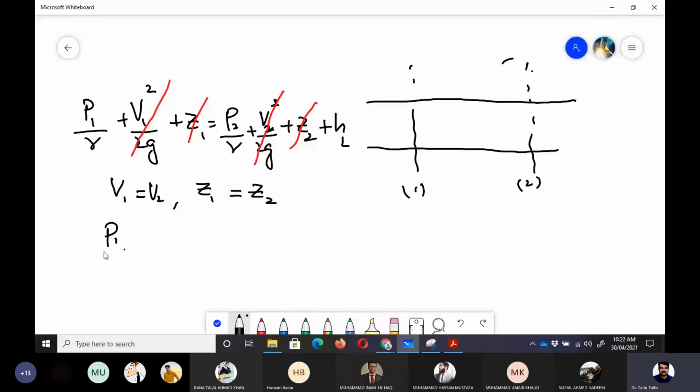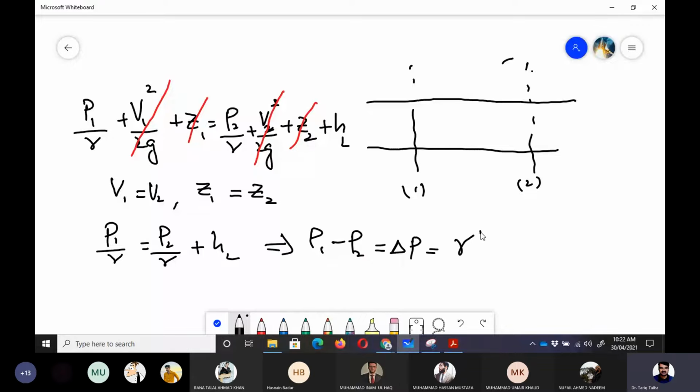So we can write P1 upon gamma is equal to P2 upon gamma plus HL. So from here we can say that P1 minus P2, which is delta P, is equal to gamma into HL.